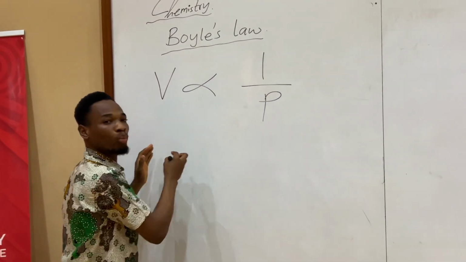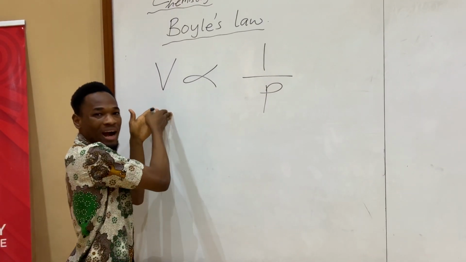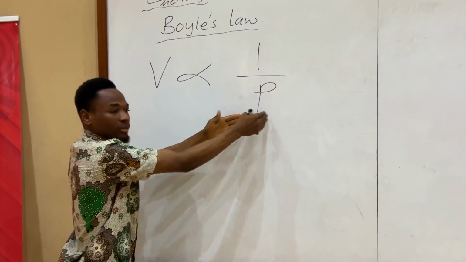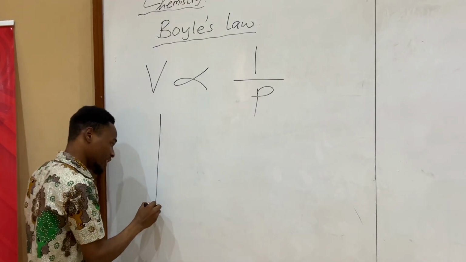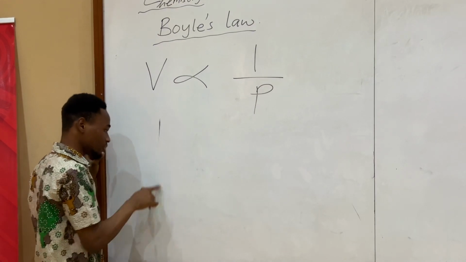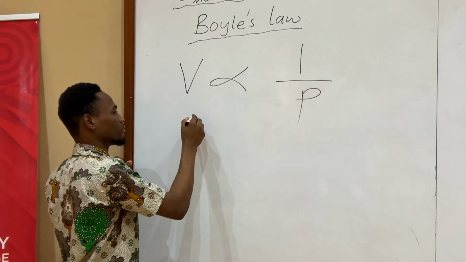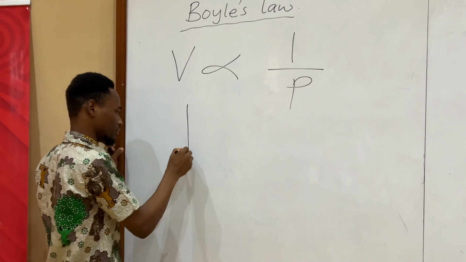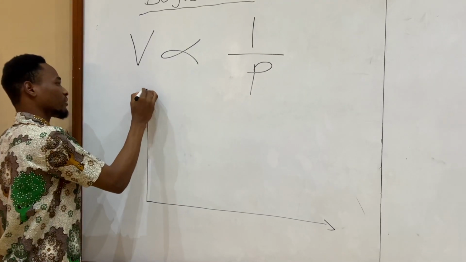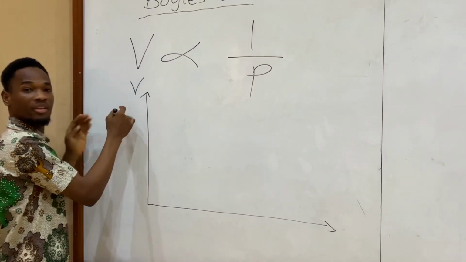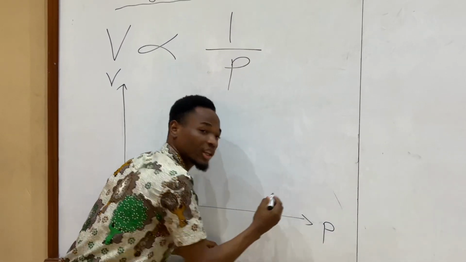Here we are going to plot, using Boyle's Law, the volume of a gas against the pressure. So clearly we have it this way. This is V, my V is the volume, and this is my pressure.